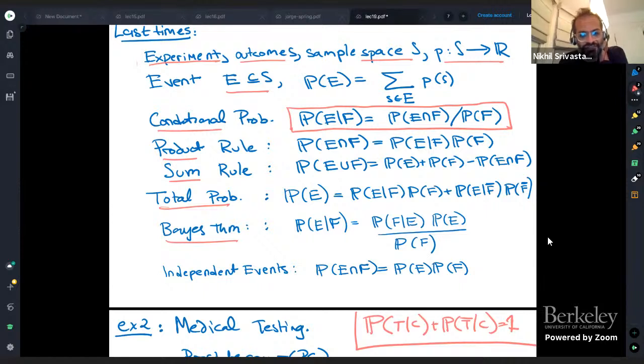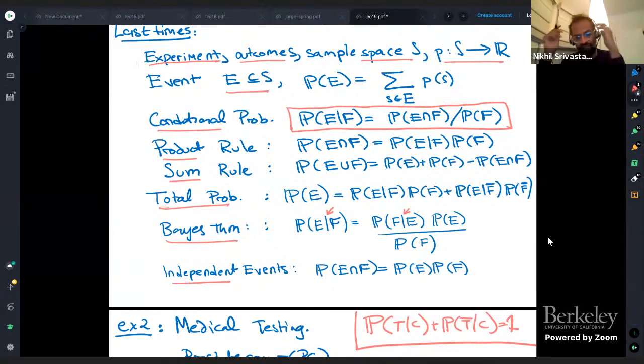The key point is that it shows you how to compute the probability of E given F in terms of the probability of F given E. Finally, we defined independent events, which are events with the property that the probability of E and F, the E intersection F, is just the product of the probabilities. We're going to talk a little more about that in this lecture.